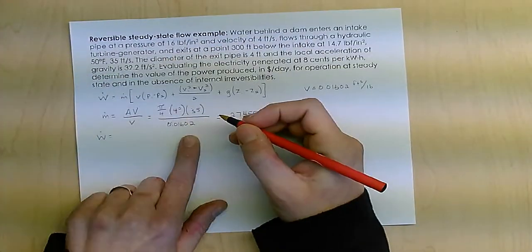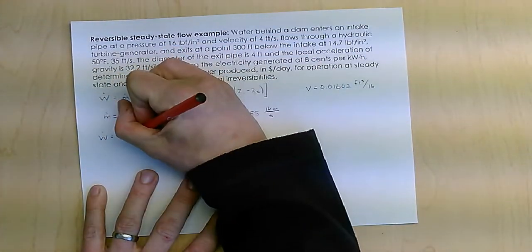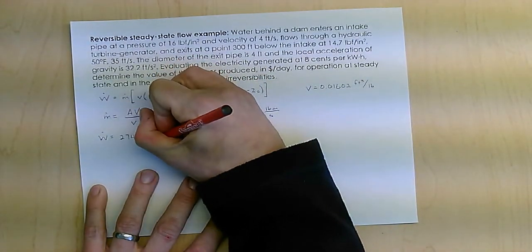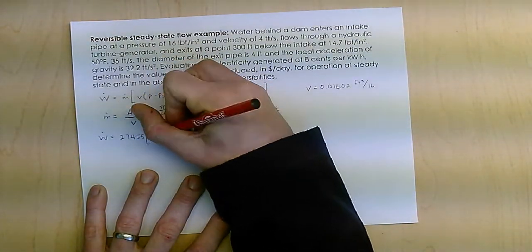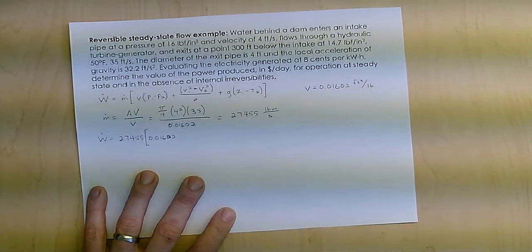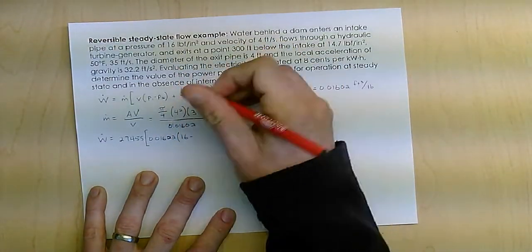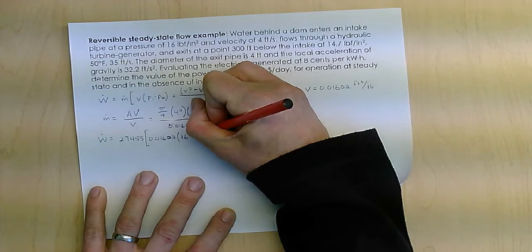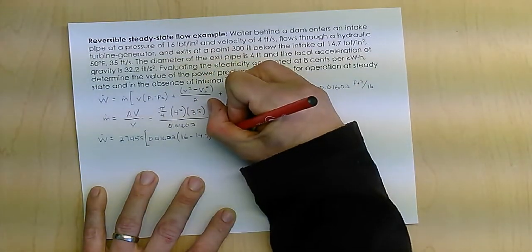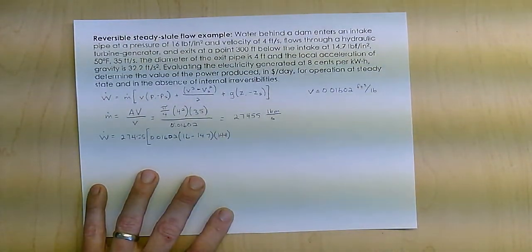So again, my mass flow is 27,455 pounds per second, times 0.01602, times the pressure change, which is 16 minus 14.7. Of course, that's in pounds per square inch, so I need to convert that to pounds per square foot. There are 144 square inches in every square foot.